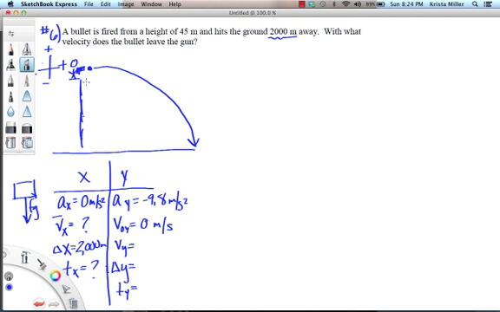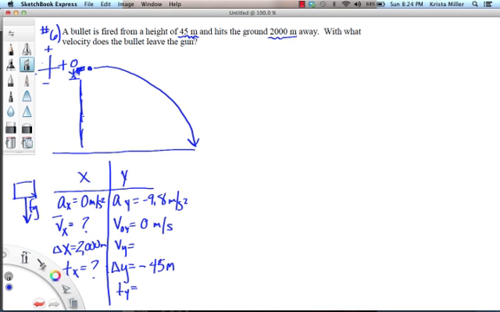Because as this bullet continues over a period of time, it's going to be going farther and farther down, which means it's speeding up in the negative direction. The delta y we're given up here is going to be negative 45 meters. If you're asking why negative, it's because we have down as negative. So it's like we're starting at 0 and going down 45 meters.